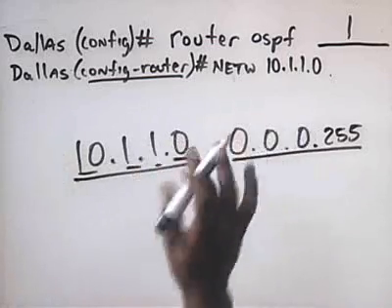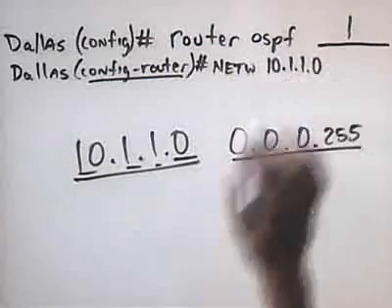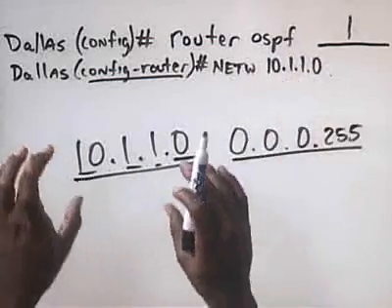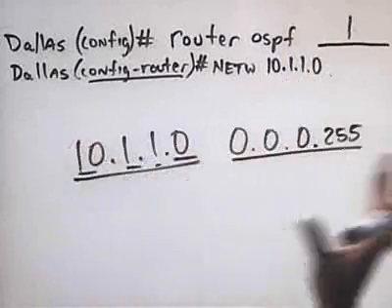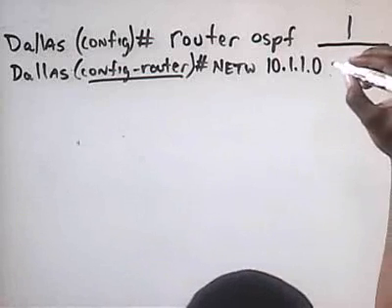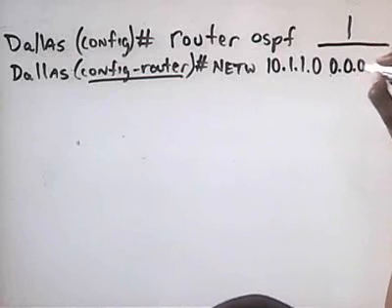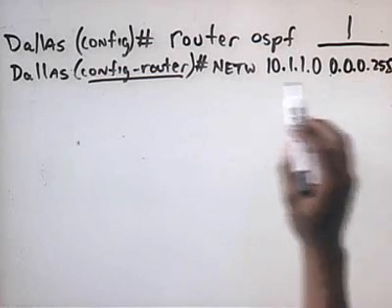So this tells the router that this particular OSPF process is going to advertise network 10.1.1.0, advertise it to all other OSPF routers. So the wildcard mask that we would use here would be 0.0.0.255. And notice we're still on the same line.